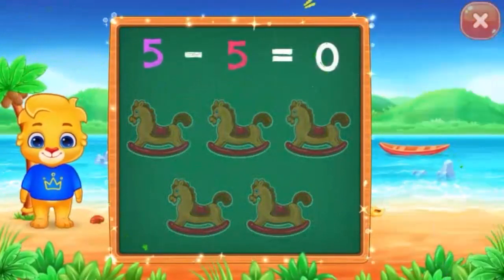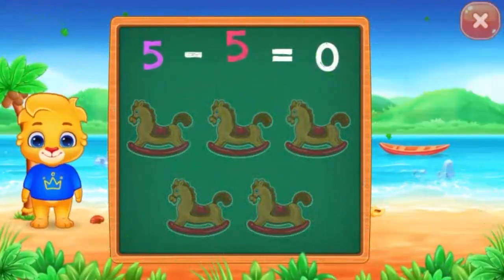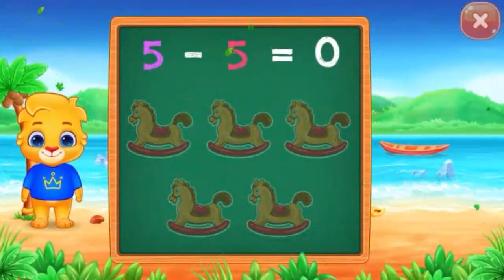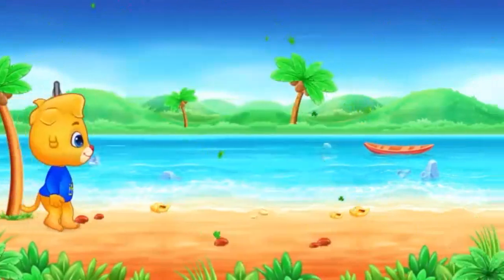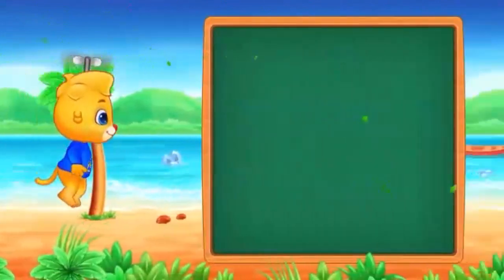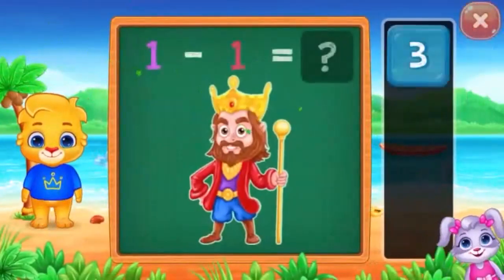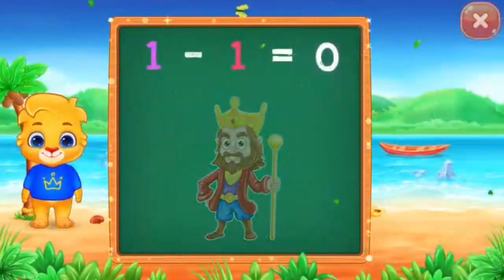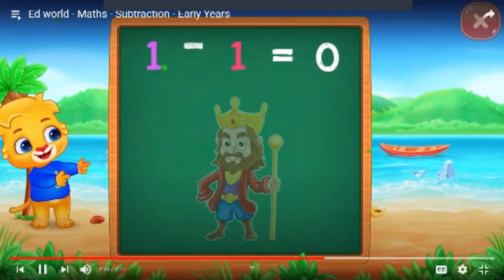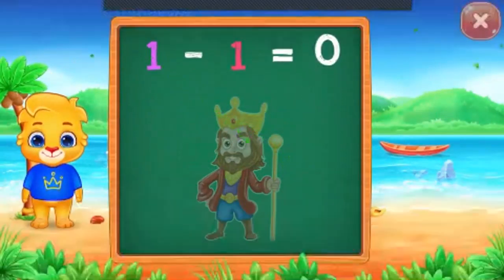Woohoo! 5 minus 5 equals 0. Zero. Woohoo! 1 minus 1 equals 0.